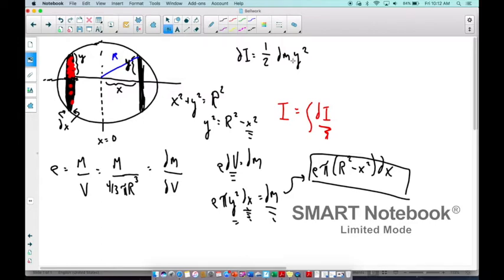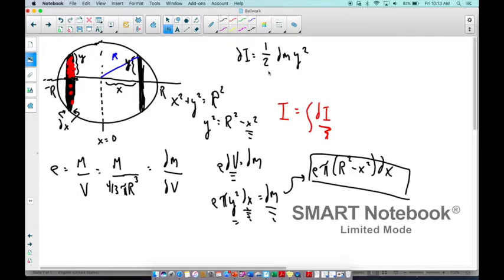I've already done that work based on my erroneous integration earlier. In other words, I need dm and y put in terms of each other, and I really need to get them in terms of x, because think about what I'm doing. I'm integrating all these little disks from x equals negative r to x equals positive r, right? So I need these things in terms of x values.